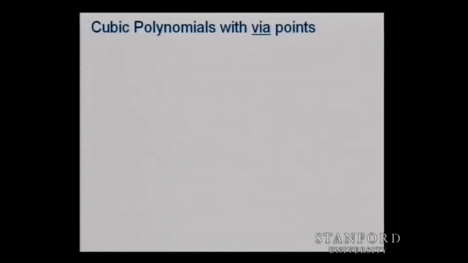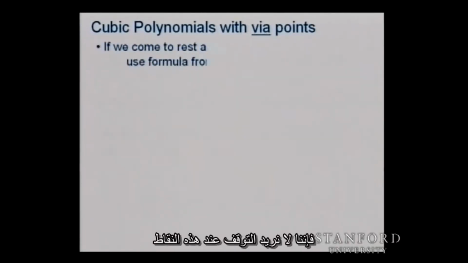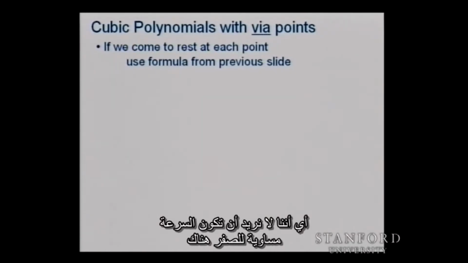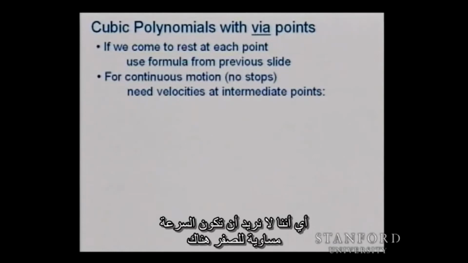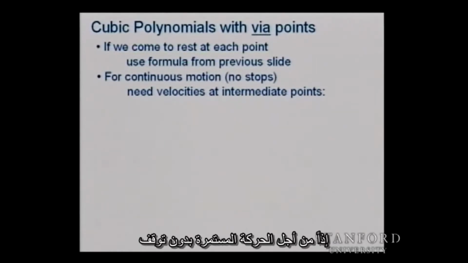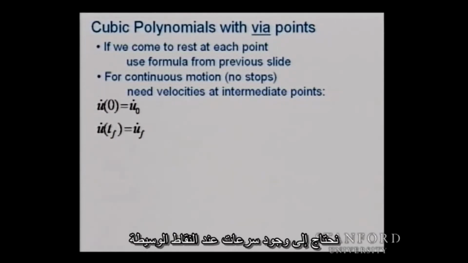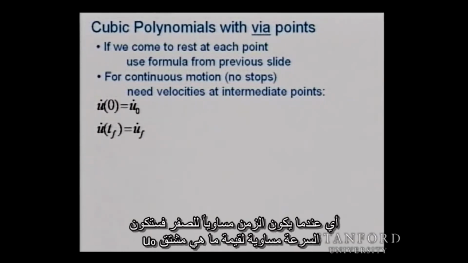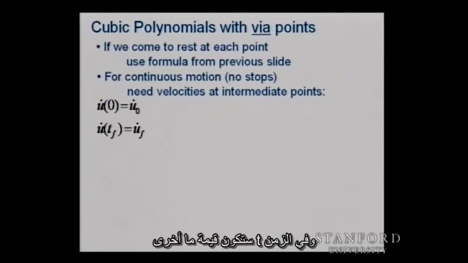Now, if we are using intermediate points, then at the intermediate points in the middle, we don't want to stop. So we don't want the velocity there to be 0. For continuous motion with no stops, we need velocities at the intermediate points. So at time 0, the velocity will be some value, u sub 0 dot, and at time t it will be some other value.